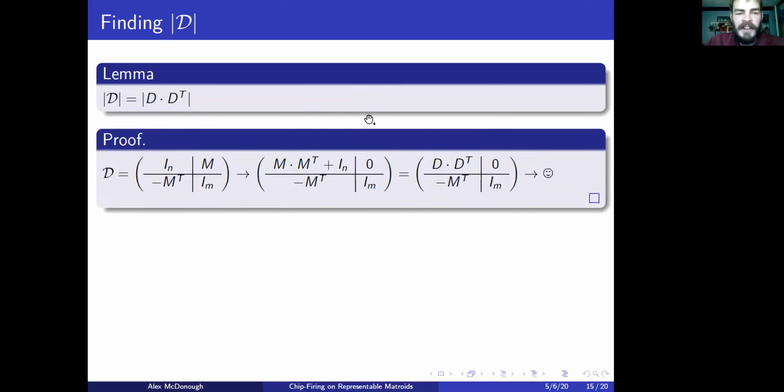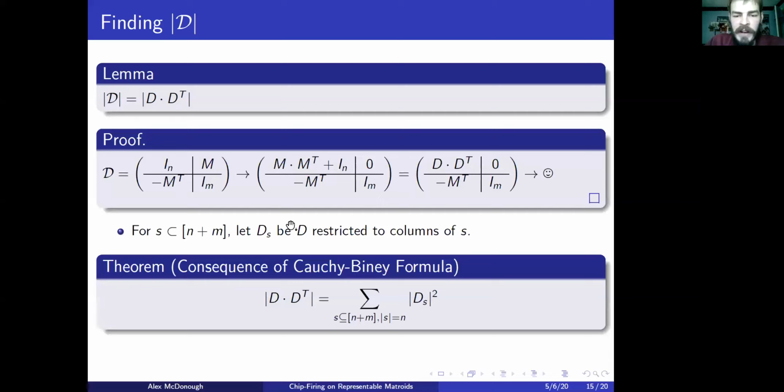Okay, so now we want to find the determinant of D times D transpose. First I'm going to introduce some notation. For S in the set of numbers from 1 to n plus m, we're going to have D_S be D restricted to the columns of S. So we're taking a rectangular matrix and shrinking it a little bit, only taking some of the columns.